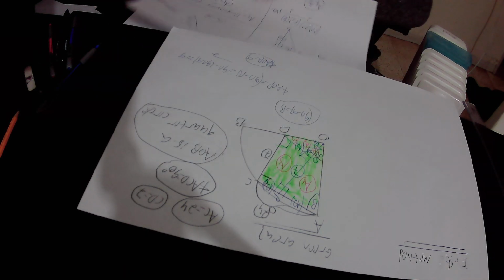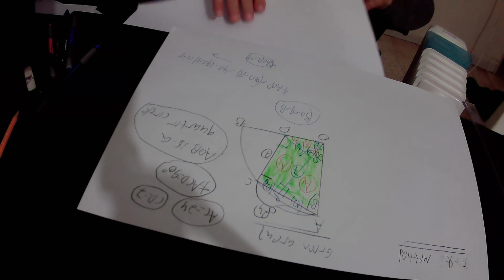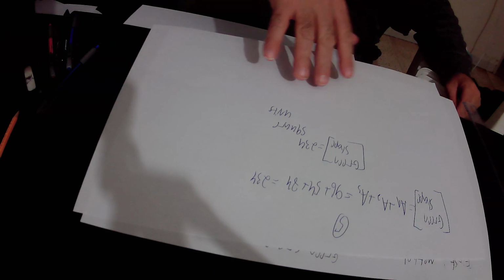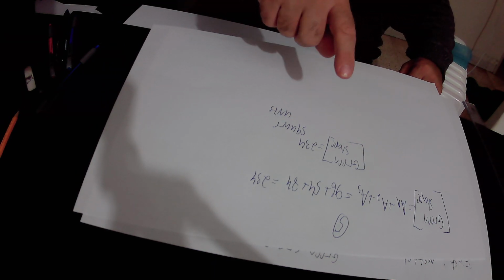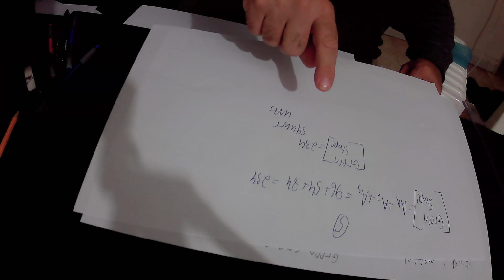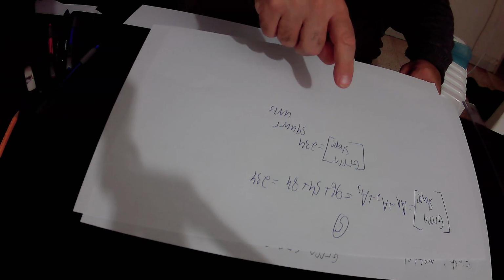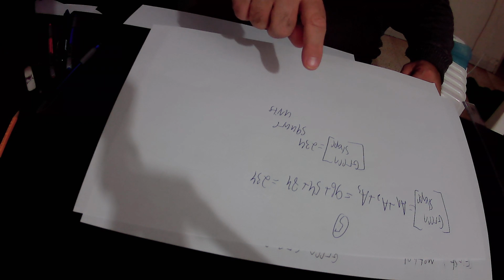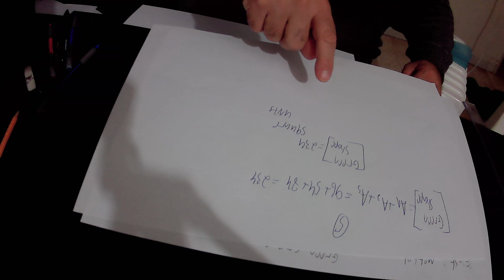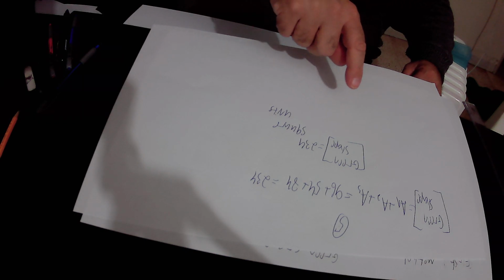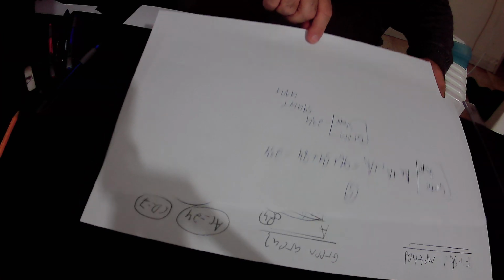And in total the area of the green shape equals A1 plus A2 plus A3. A1 is 96, A2 is 54, and A3 is 84. 96 plus 54 is 150, and 150 plus 84 is 234. In conclusion, the area of the green shape in total equals 234 square units.